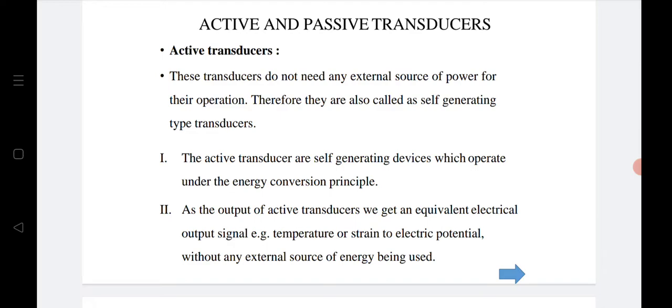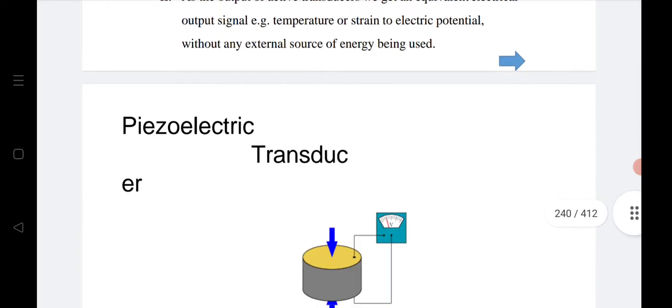In simple terms, in an active transducer we do not apply any external power source. Based upon the external physical quantity, it automatically generates electrical signals on its own, without applying any source of power. Those types of transducers are known as active transducers.